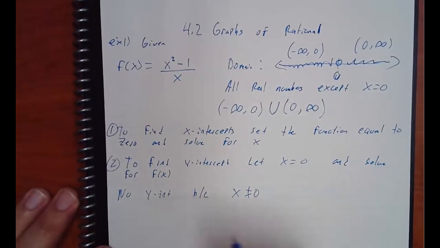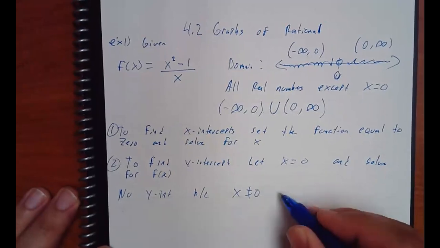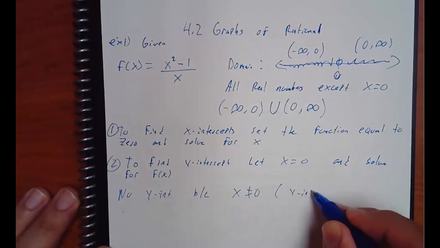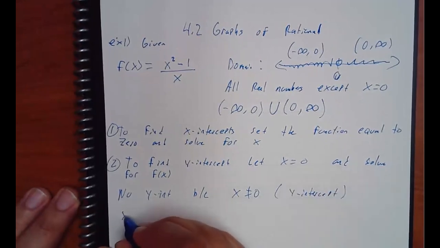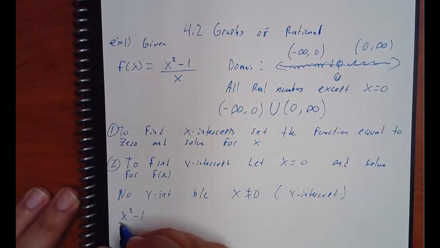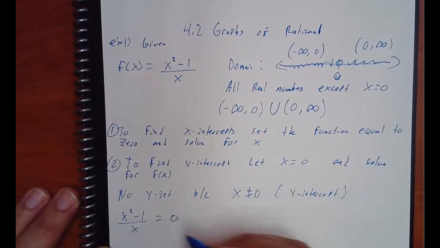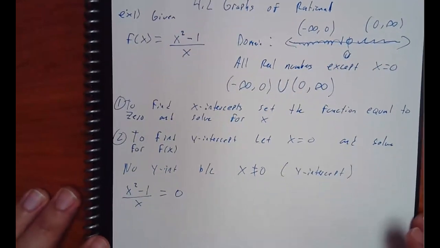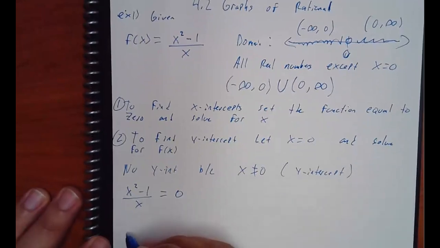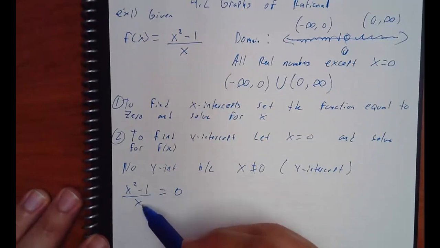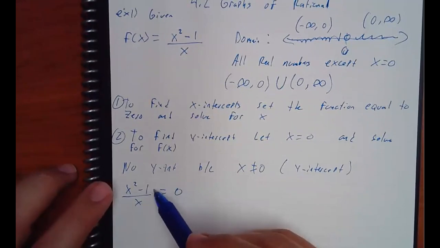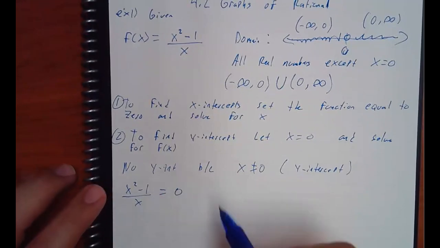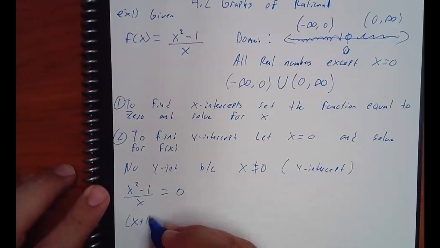To find x-intercept, right? You set this guy to 0 and you solve. So notice, do you agree that the denominator is not going to make any difference? The denominator will never make the 0. It's going to happen up top, right? Only the top really matters.